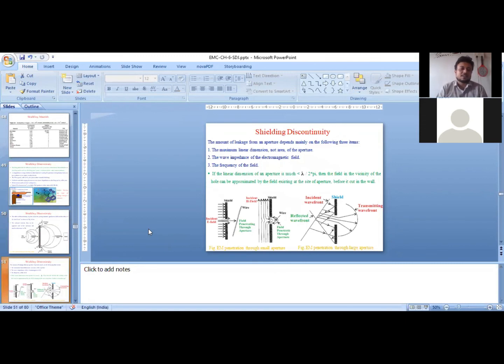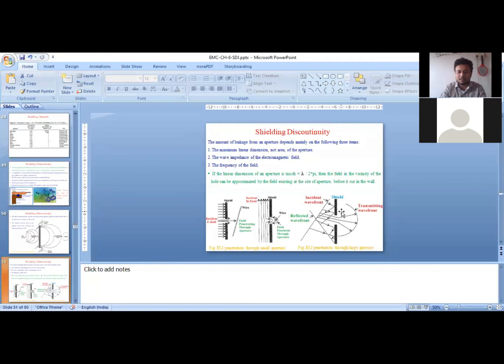The other discontinuities are, as I have said, for ventilation purposes, we have to perforate the shielding objects. If the perforated holes, which can be square holes or circular holes, have a diameter or aperture much smaller compared to the wavelength, then this is how the E and H field will penetrate through the shield.